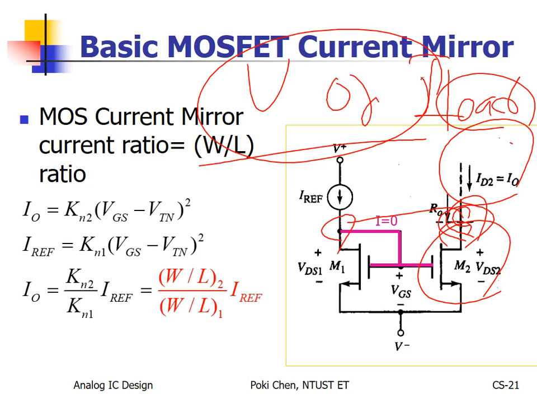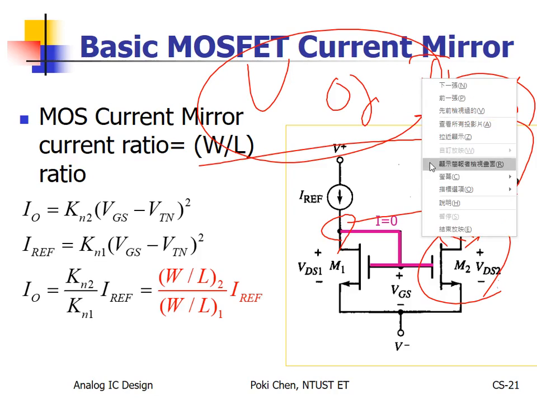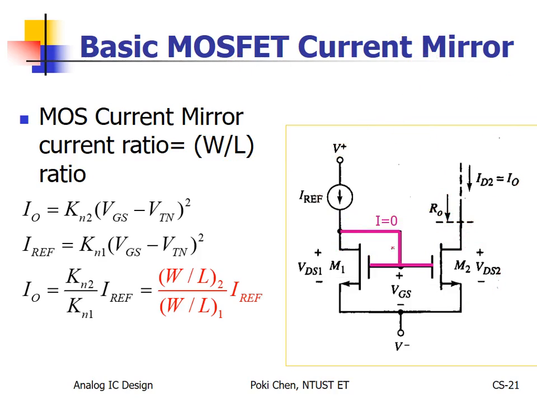Okay? So it is impractical. Nothing behaves like this. So again, to be the current provider, your promise is how much the output current is. And then don't expect the output voltage to be anything you like. It's not decided by you. It's decided by your load.